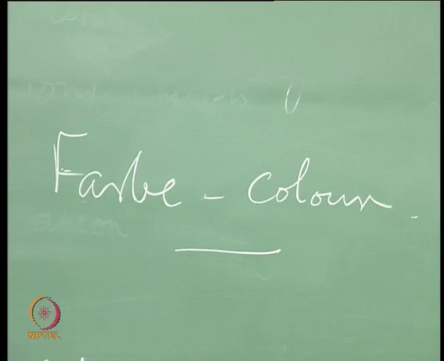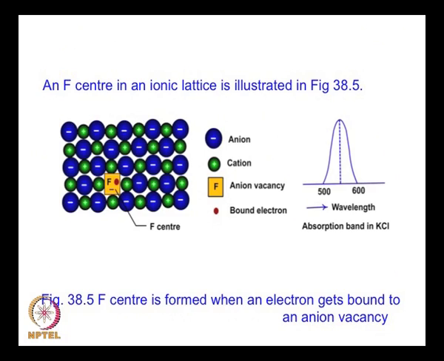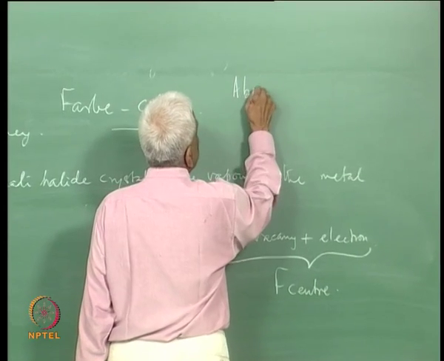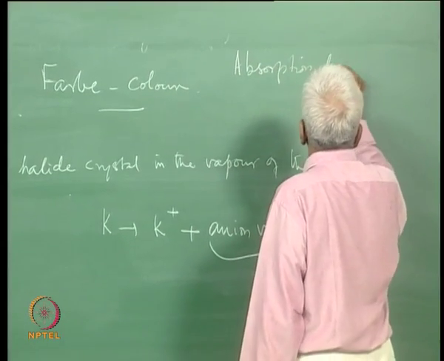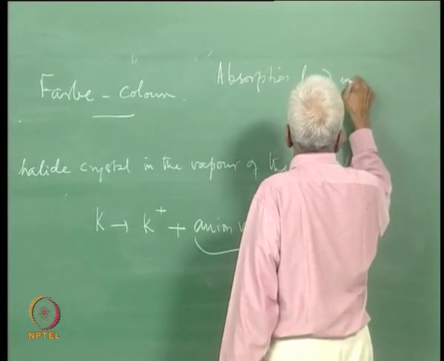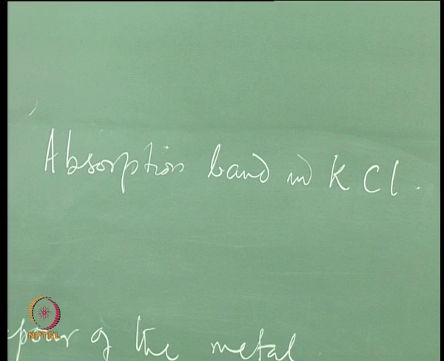So, the production of such F centers is shown in the next figure. It shows such an F center in an ionic lattice, and its characteristic optical absorption band in KCl is also shown.